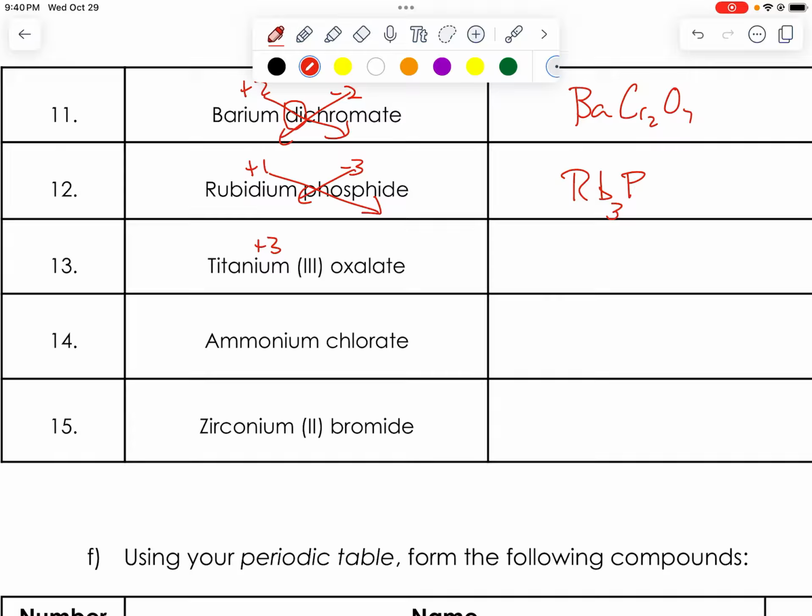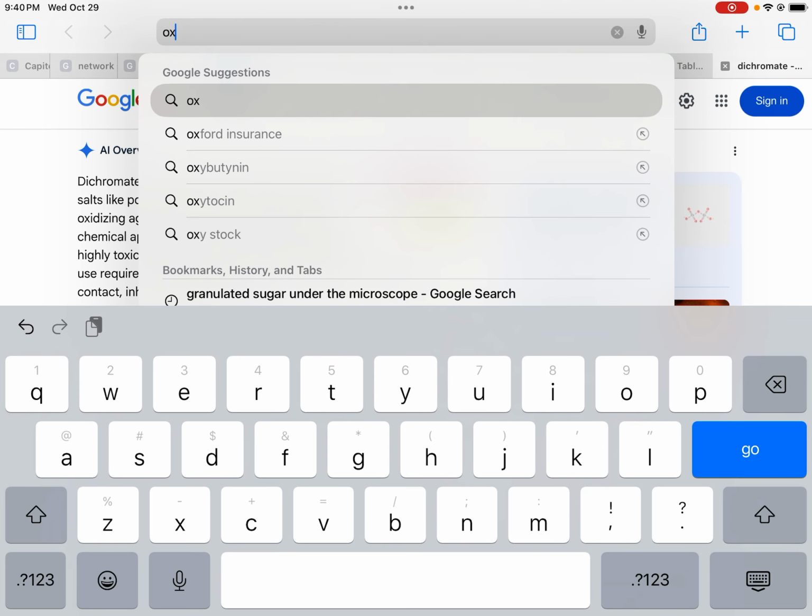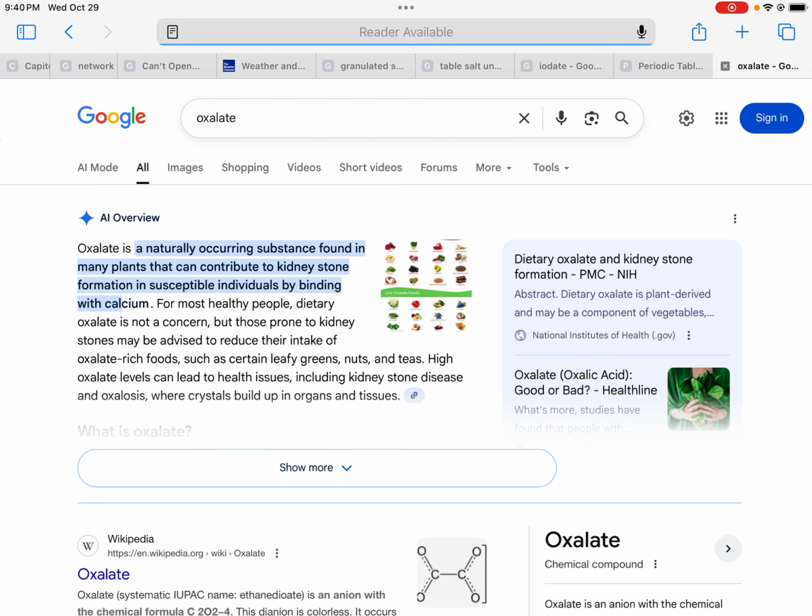Titanium 3. Titanium plus 3. Oxalate. Oxalate is minus 2. I believe it's C2O4, but let's look. Oxalate. Oh, where's the ion?